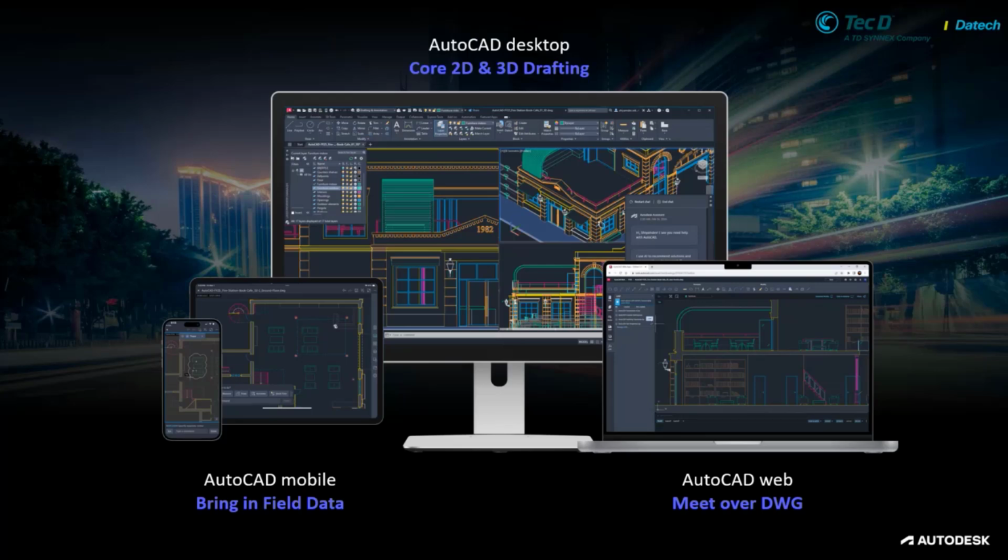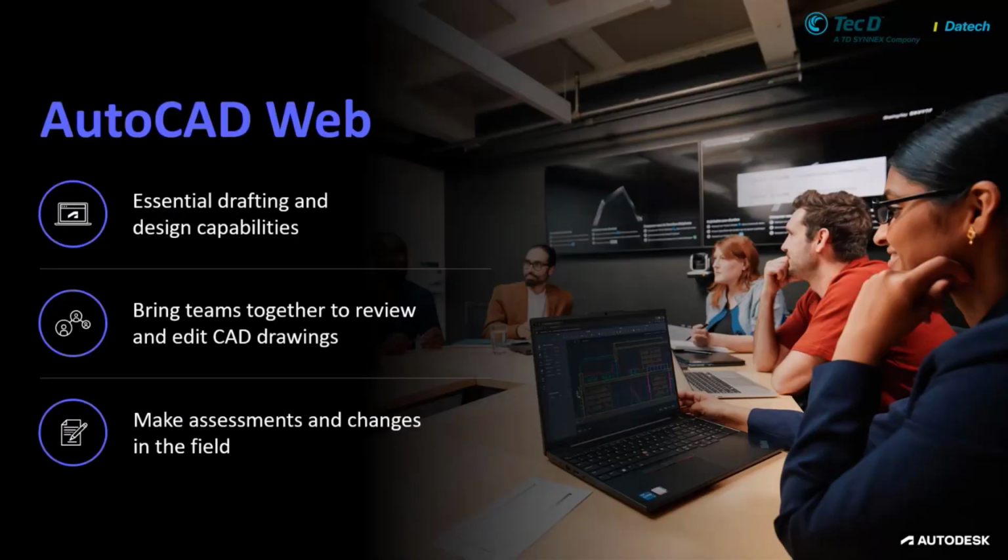So with AutoCAD Web, you can do all the basic drafting and design capabilities, like markups, text, simple drawing capabilities, all available. You can bring all your teams together to review the CAD drawings.